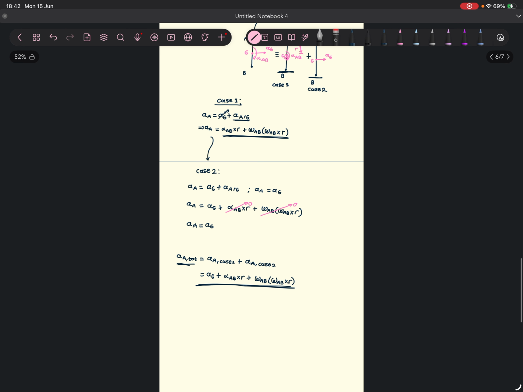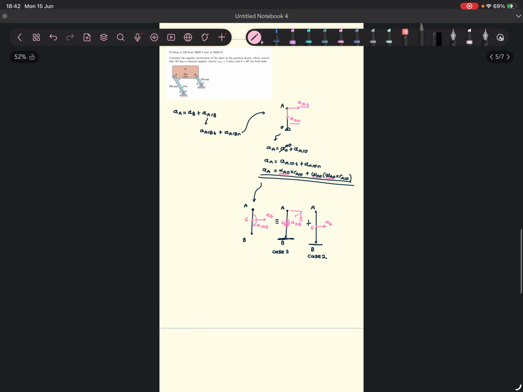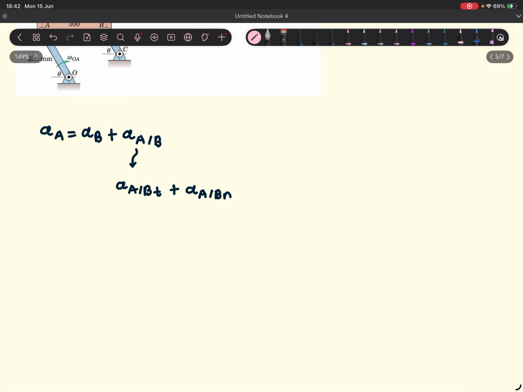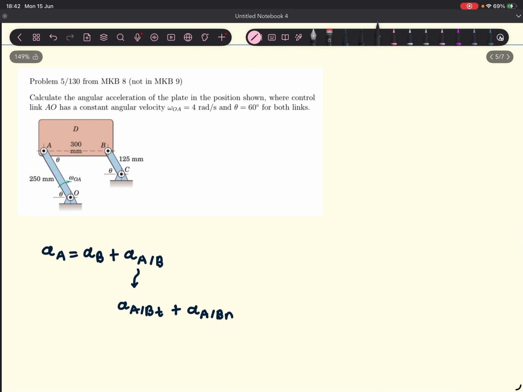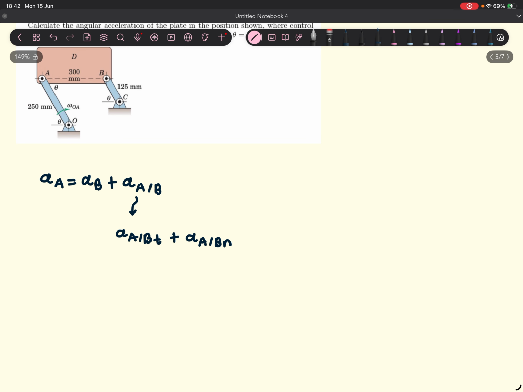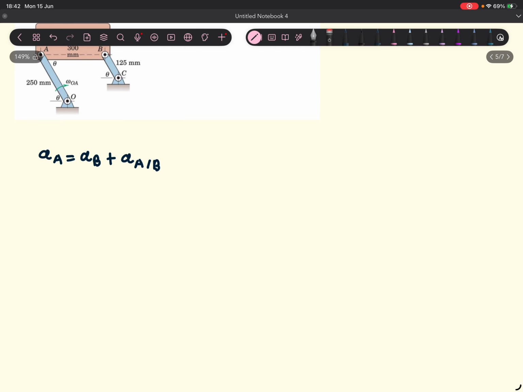Cool. Let me just erase this stuff quickly. Cool. So we have the acceleration of B, right? In this equation, we have the acceleration of B, and we have the acceleration of A relative to B. Cool. And we can break this up.